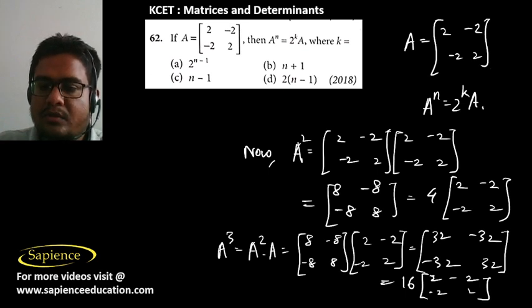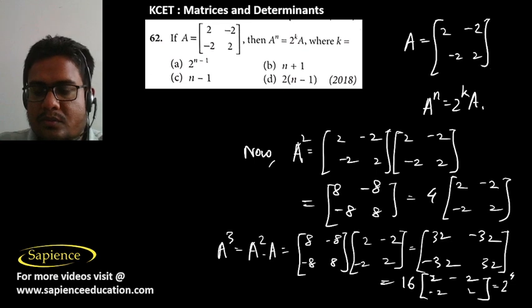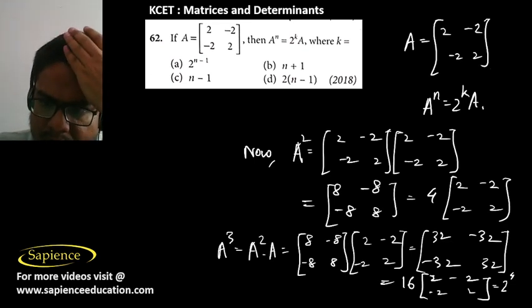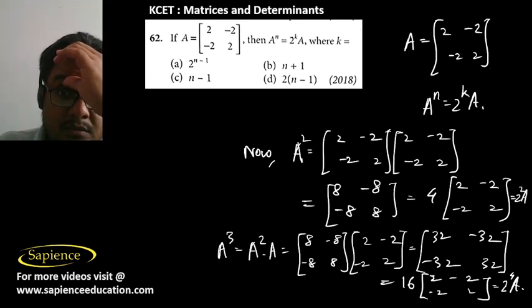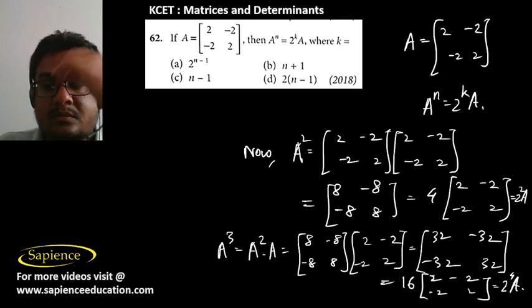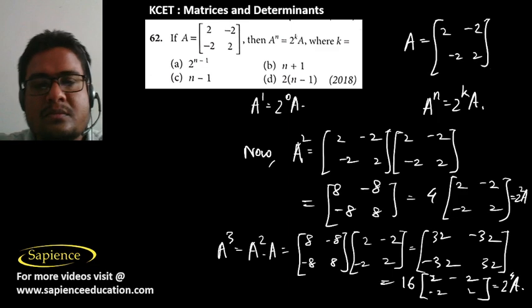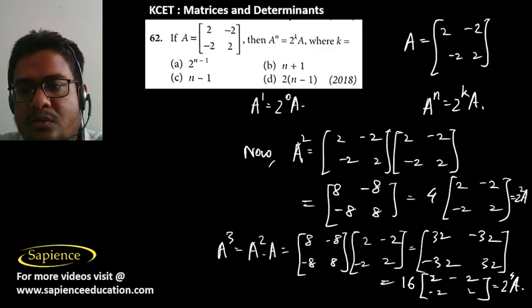So 16 will be equal to 2 power 4 into A, that is 2 power 4 A. And A power 1, that is 2 power 0 into A. So it is going like this.